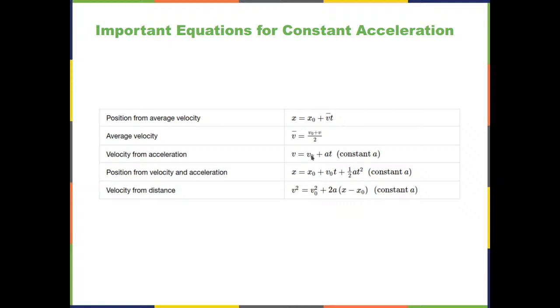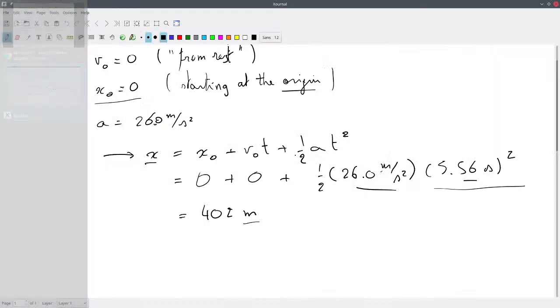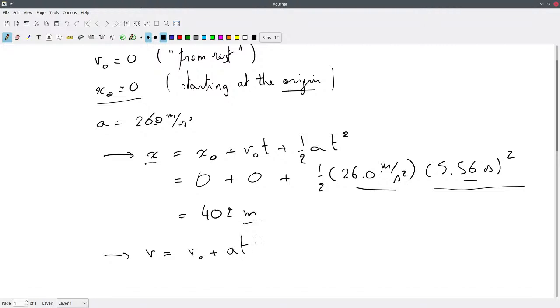We are given v0, we're given a, we're given t, so it's just plugging in and we get v, right? So this is the second part, v is v0 plus a times t.